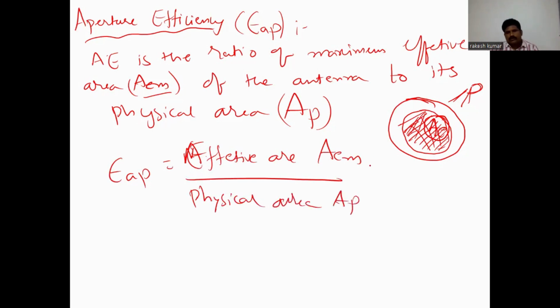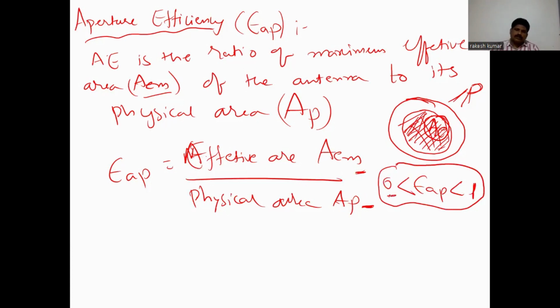Since the physical area is in the denominator, the value of aperture efficiency is always less than one, because the effective area is always less than or equal to the physical area.